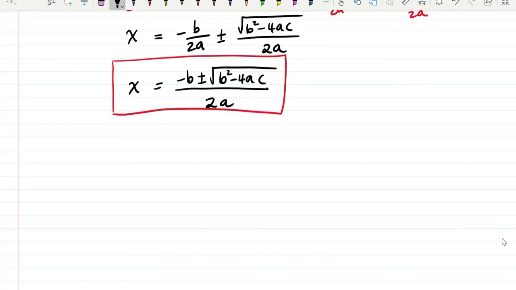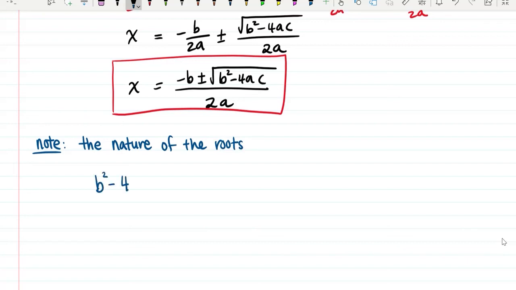So I'm going to end this video with a short note, a note for the nature of the root, which means the discriminant. It's called the discriminant, the b squared minus 4ac in the quadratic formula.